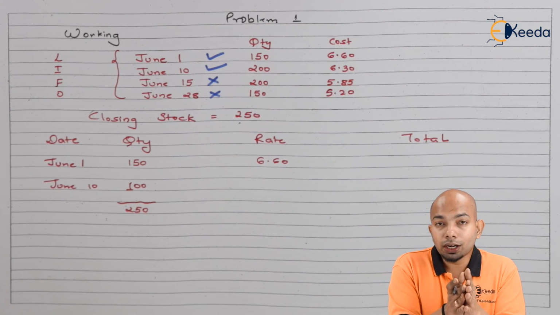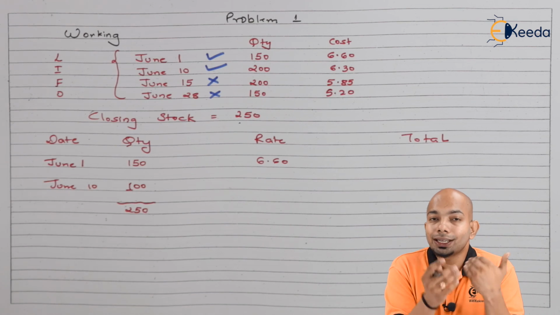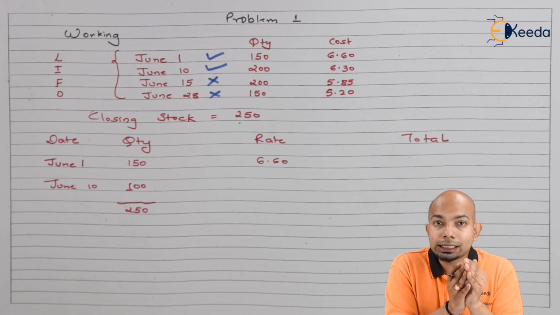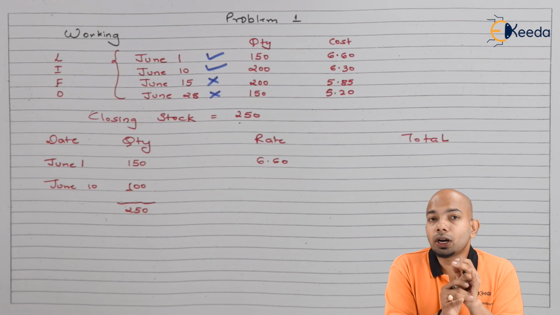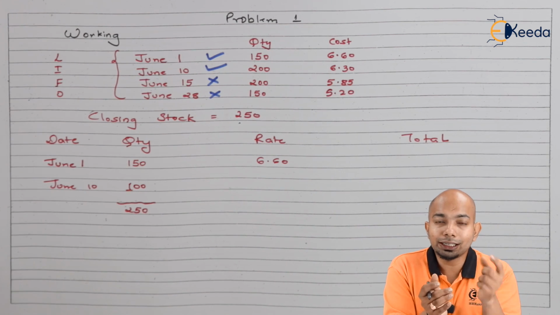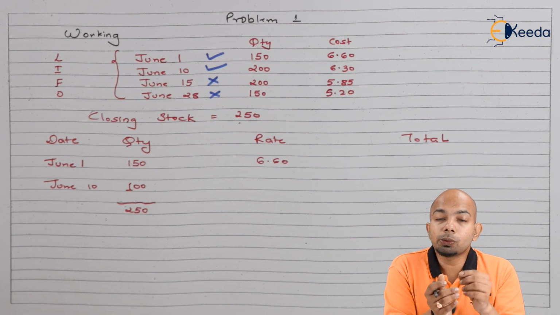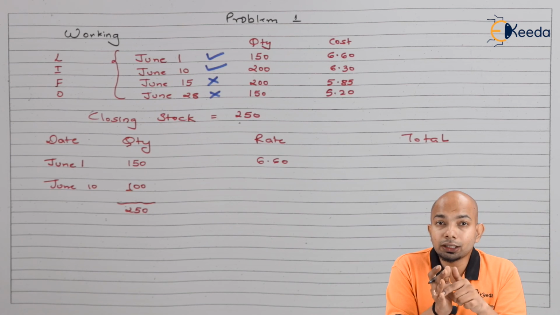So out of that 200, we'll be taking only 100 units, because we have assumed everything else has been utilized. Utilization has been done for all the units except for 250 units. So for 250 units, the first one we have already taken, and the second, out of the 200, we'll be taking only 100 because the other 100 has already been utilized. The other 100 will be taken at the rate which has been mentioned there.